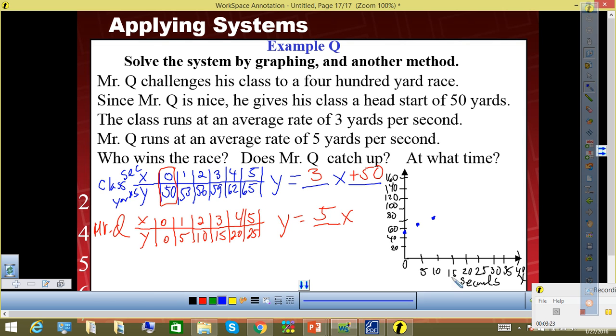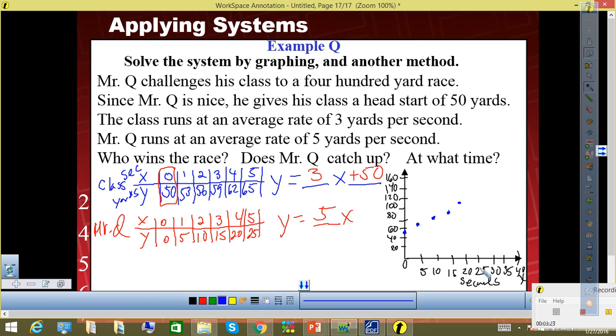Next value is 15. Where are we at now? 95, so that's close to 100. At 20, where are we at? 110, so it's about right in between right there.